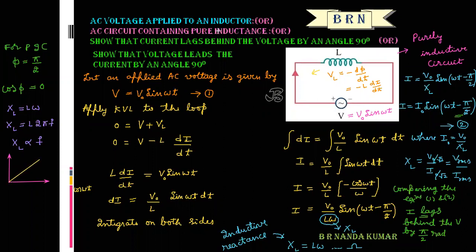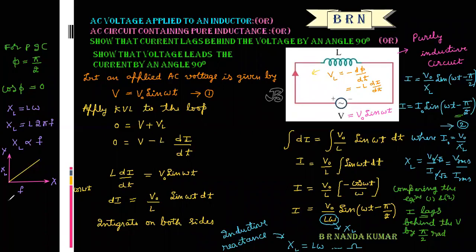The inductive reactance increases linearly. Here the frequency is taken along the x-axis and inductive reactance along the y-axis. As the frequency of applied AC voltage increases, inductive reactance increases linearly.